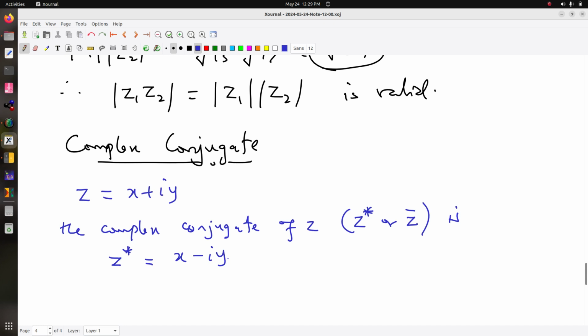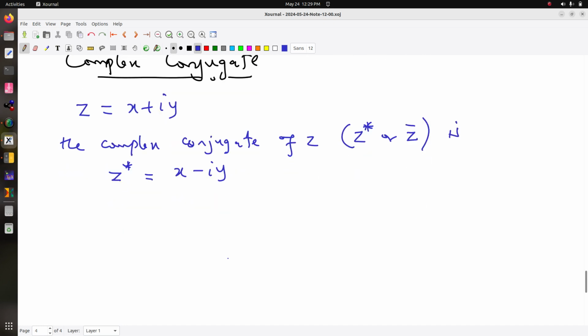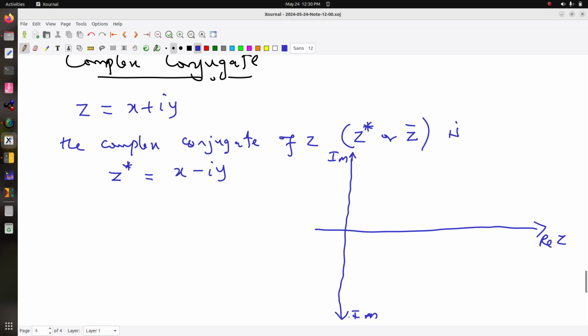So the complex conjugate of z is x minus iy. Actually, complex conjugation corresponds to a reflection of the complex number in the real axis of the Argand diagram. What do I mean? If you plot a graph of the real part of z against the imaginary part, this is the positive imaginary axis, and this is the negative imaginary axis. Let's just choose arbitrary points.